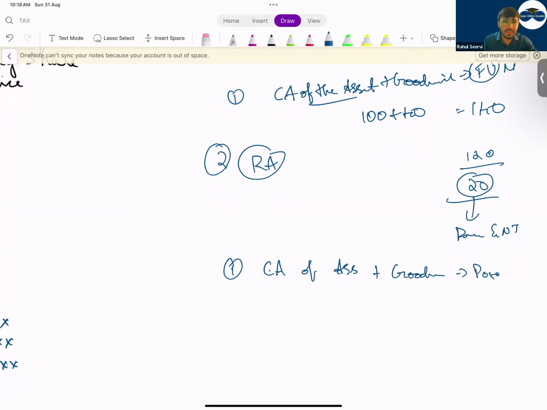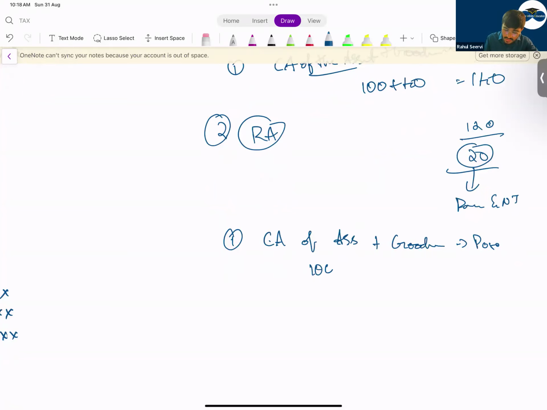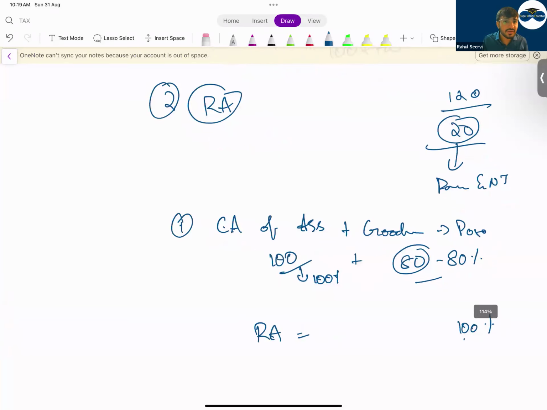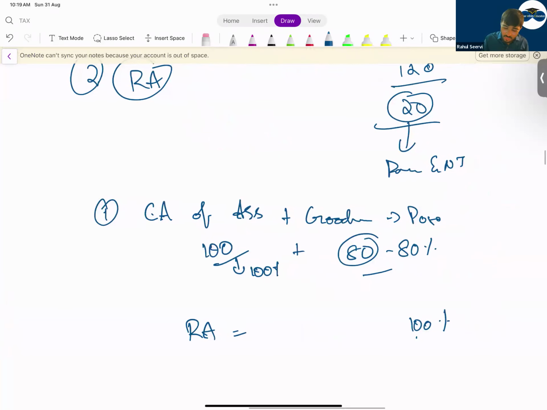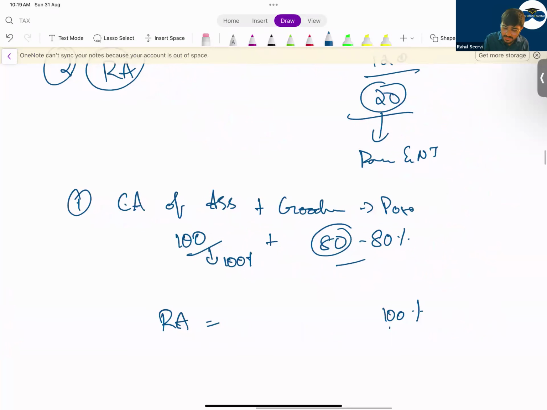Say the asset is 100, goodwill is 80, then the recoverable amount is compared. The asset is 100 percent, but the goodwill is only 80 percent, so you have to gross it up. What we'll do: 80 divided by 80 percent.